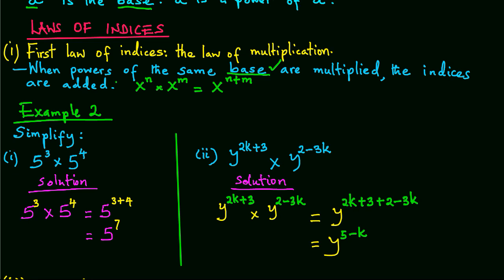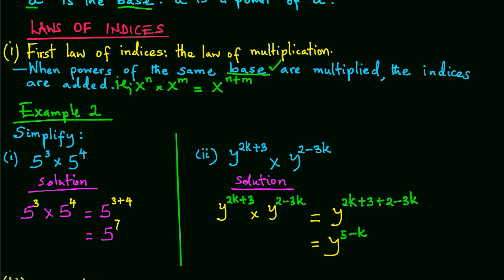That means that if we have x power n times x power m, then the result will be x raised to power n plus m. We add the indices.